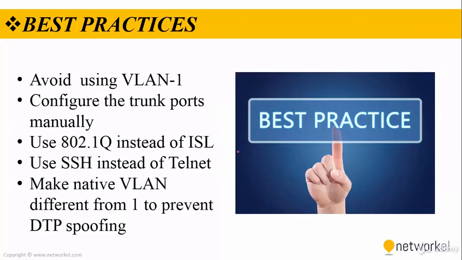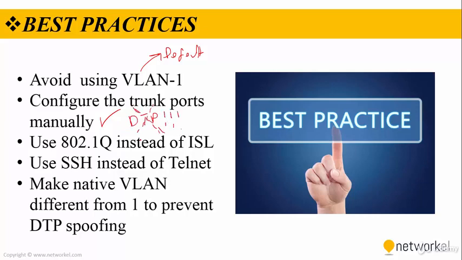And here are the best practices of VLANs and trunking. First, we need to avoid using VLAN 1 to avoid security issues, because VLAN 1 is the default VLAN. Second, we need to configure the trunk ports manually. Don't use DTP, please.